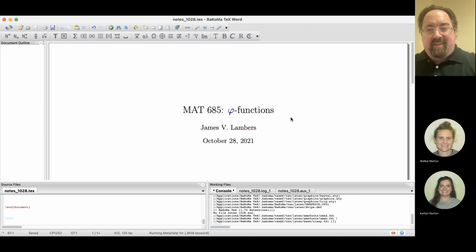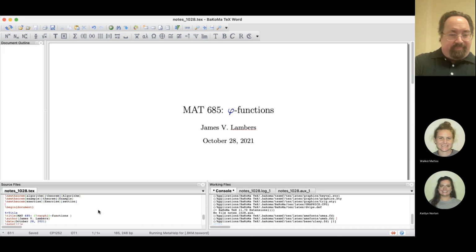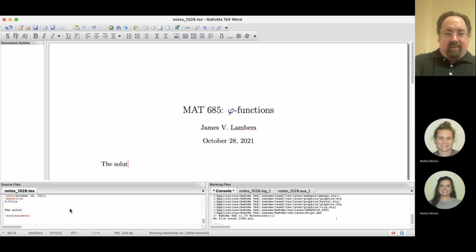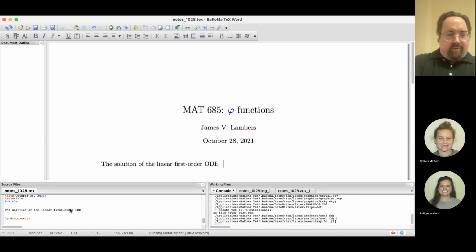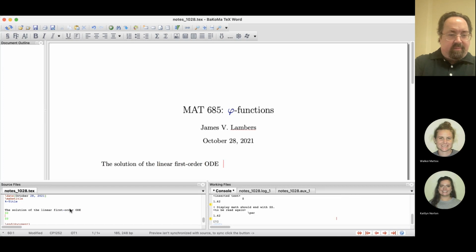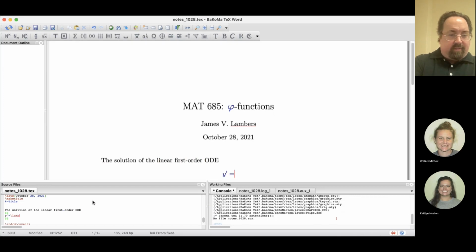Okay, now, so here we are. So solution of the first order ODE. Okay, so y prime equals lambda y plus b of t.